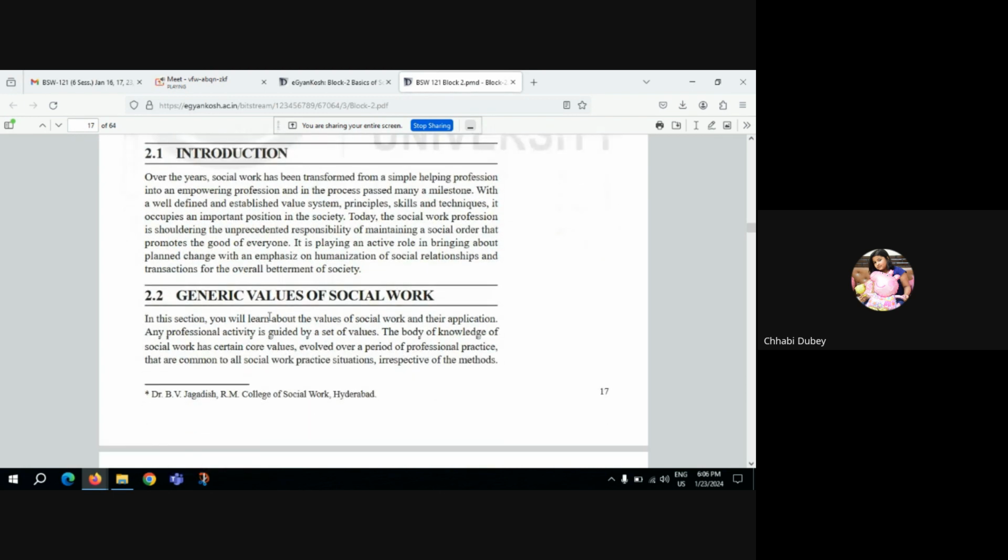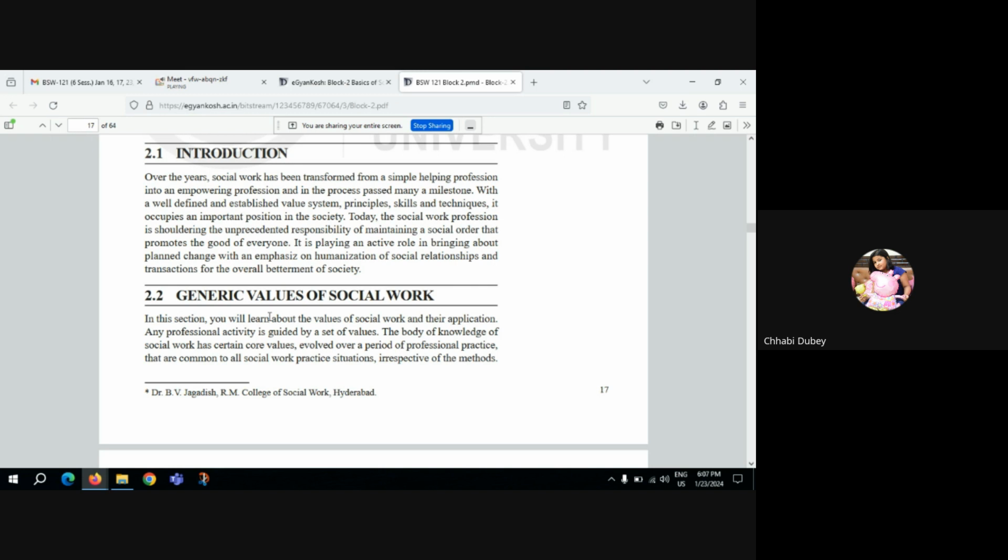Now, we will come to the generic values of social work. We know that any professional activity is guided by a set of values. So like any professional activity, professional social work is also guided by a set of values.